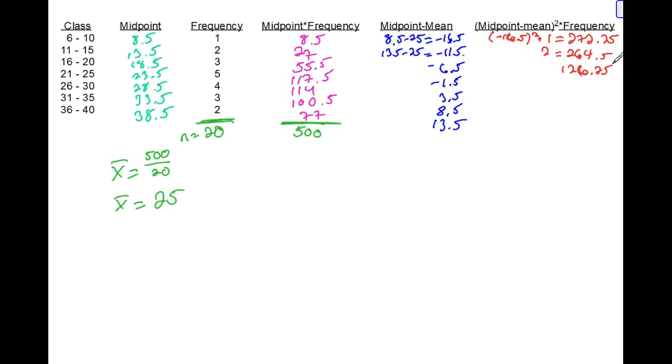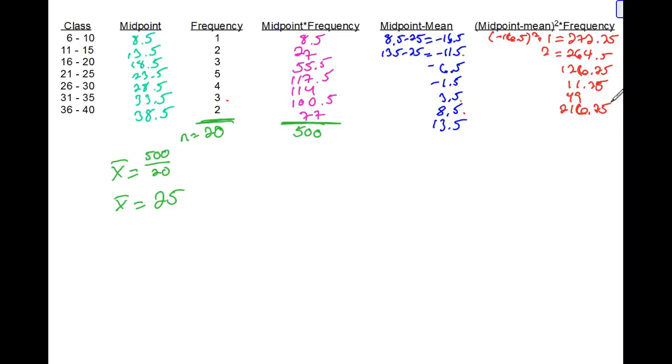A negative 1.5 squared times 5 will give me an 11.25. 3.5 squared times 4 will give me a 49. 8.5 squared times 3 will give me a 216.75.